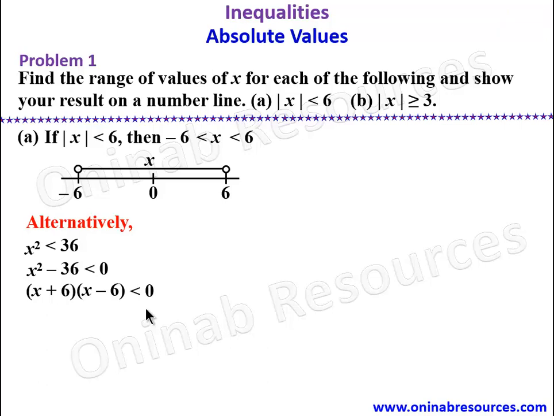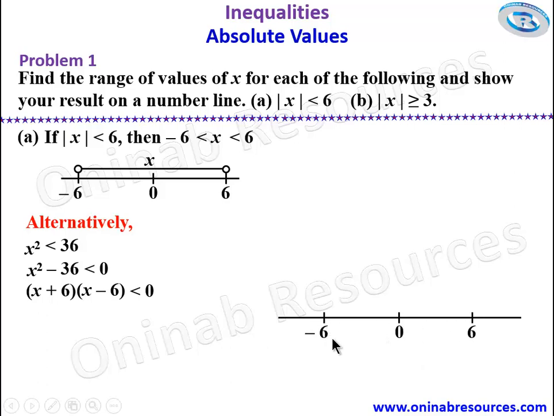We have used the graphical method in our previous video on quadratic inequalities. So this time we are going to employ the number line. If you solve this, we are going to have negative 6 and positive 6. So we have it as 0, 6 and negative 6.